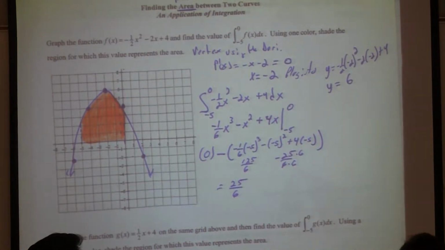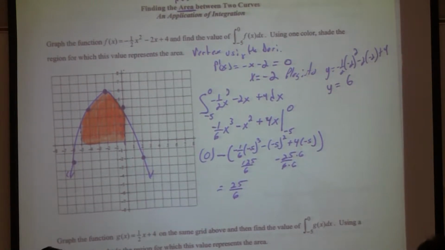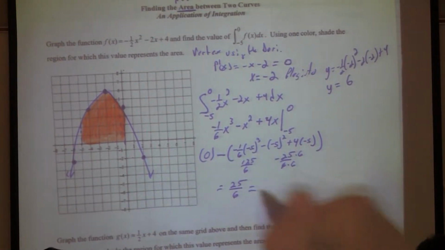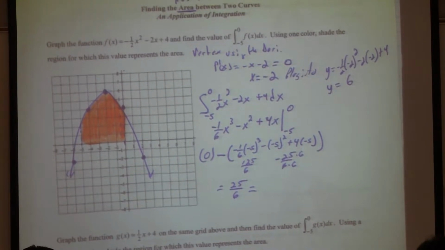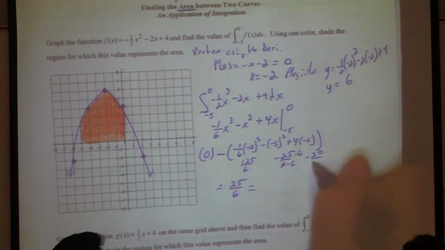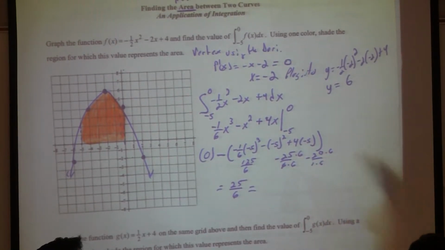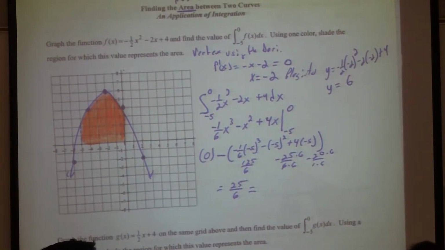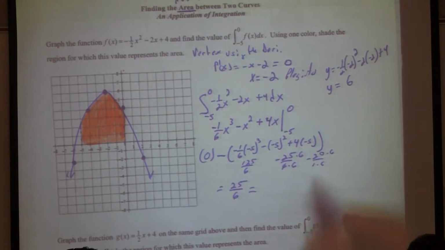Type that in your calculator and tell me what that is. Did we do that right? We got the -20, oh, we didn't add the -20, just kidding. So that one would also be times 6, so that would be 120.